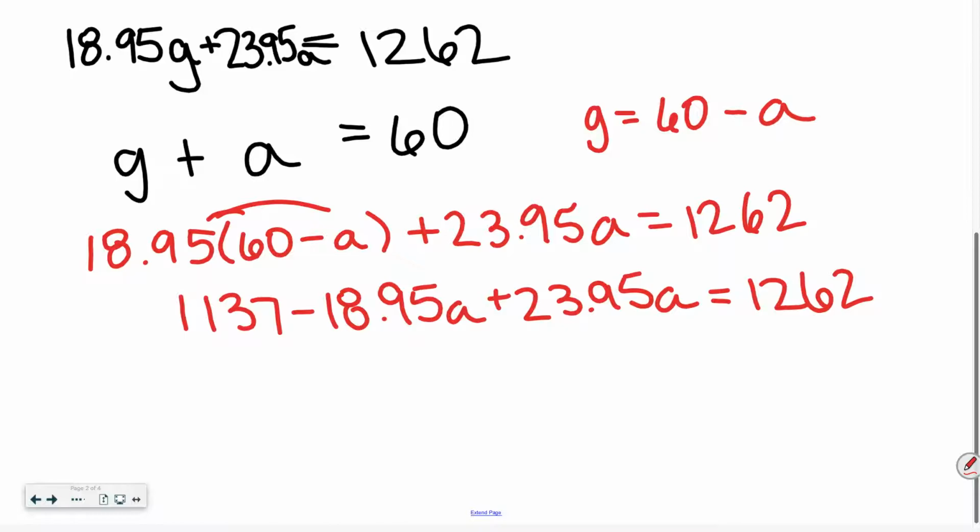If I take negative 18.95A plus 23.95A, what is it? 5. Oh, that's so nice. And what happens if we subtract over 1,137? 125. Hey, we don't need a calculator for this.